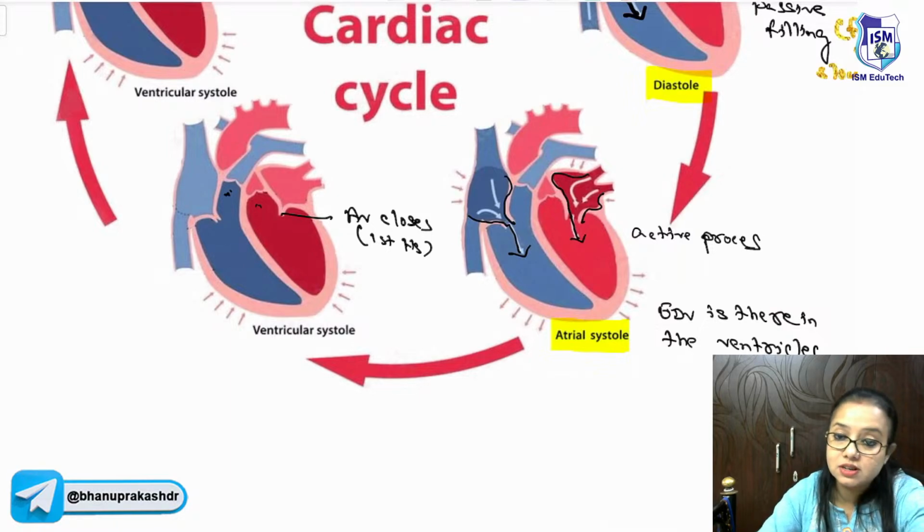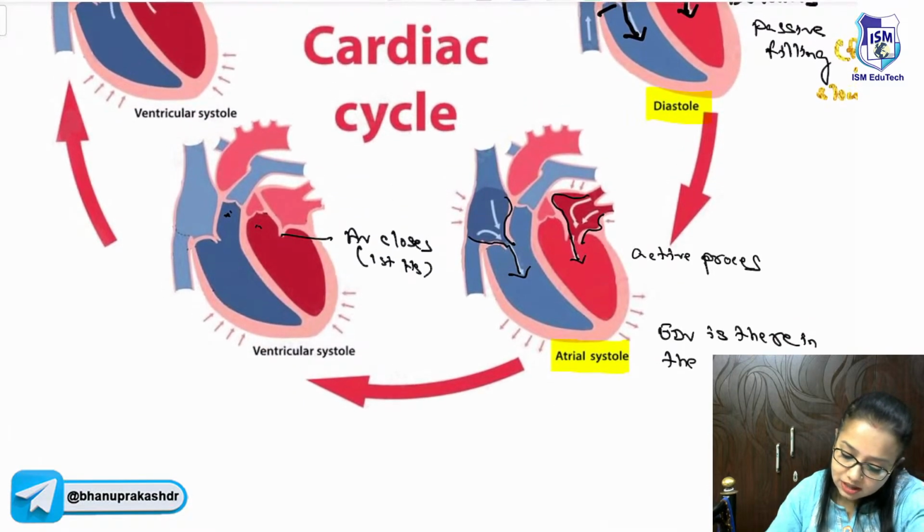Now the ventricle starts pressurizing and contracting: isovolumetric contraction. Only the muscles contract, but there is no change in the volume of the blood.